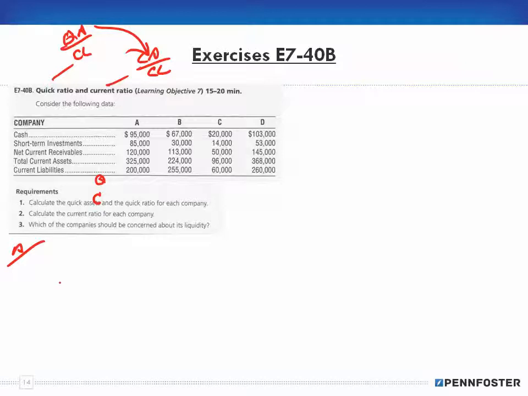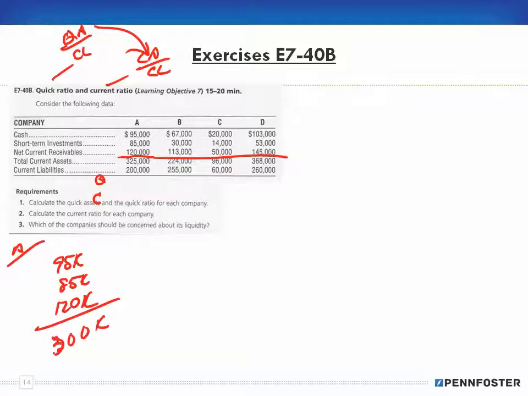For the quick ratio for company A, we're going to take the 95,000 plus the 85,000 plus the 120,000, and that'll be the same all the way across the board. That gives us 300,000, and we'll divide the 300,000 by the current liabilities of 200,000.